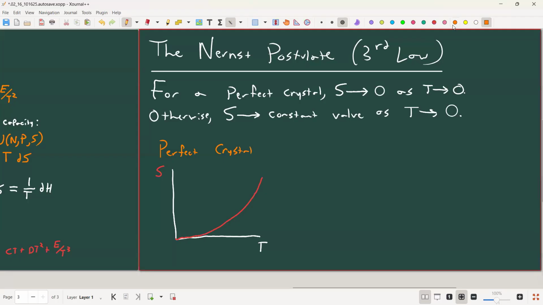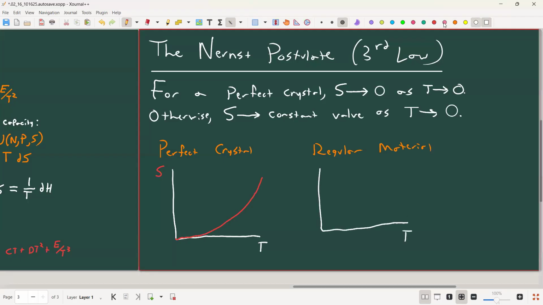And for a regular material, the entropy would approach some finite value like this. And this is what we would call S naught, the standard entropy. Right, so that would be our absolute entropy.